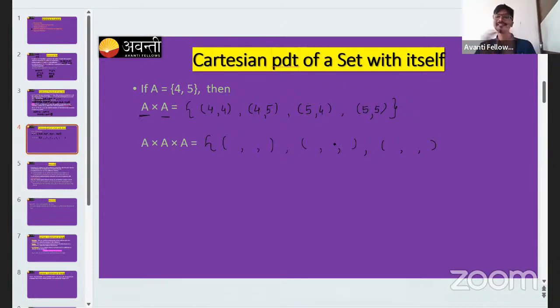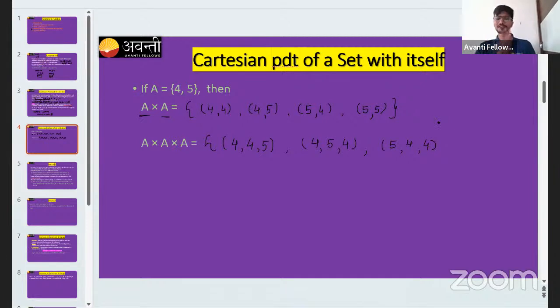Okay, let us do it simultaneously. If I take the first element from A, then it will be 4, second from A, 4, and 5. Next, it can be 4, 5, 4. And I think lastly, it will be 5, 4, and 4.